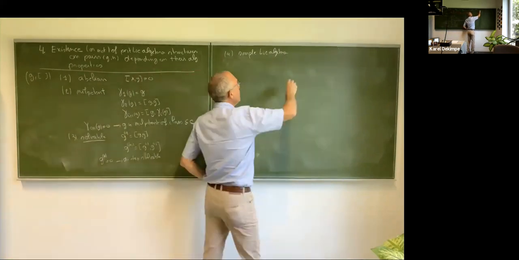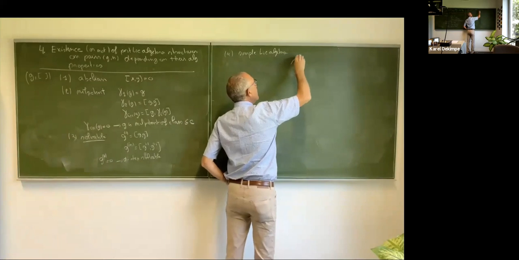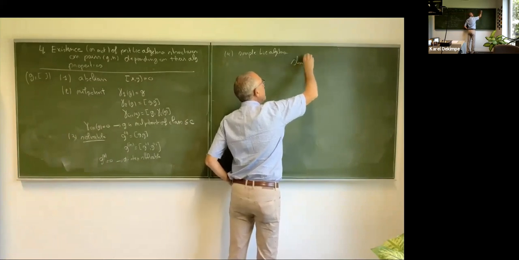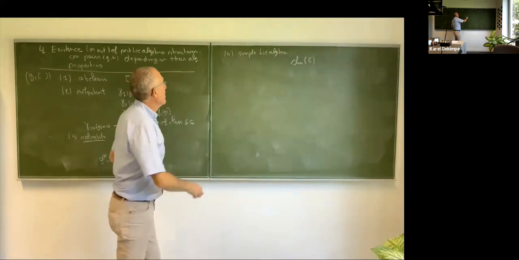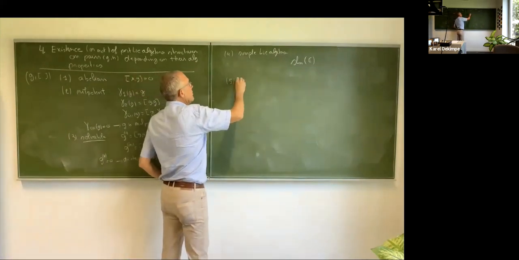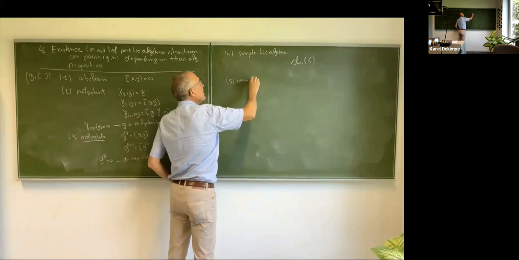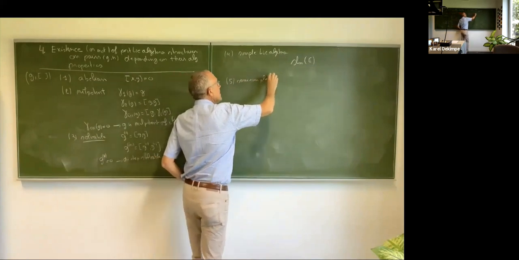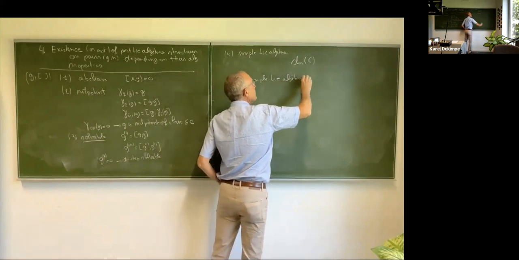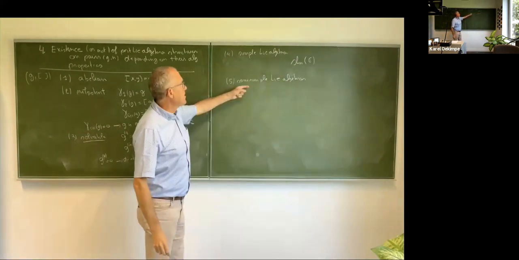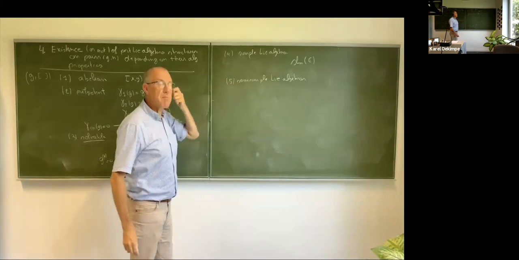For example, a typical example is sl_n(C), if we work over the complex numbers. Then I will also use semisimple algebras. These are direct sums of simple algebras.